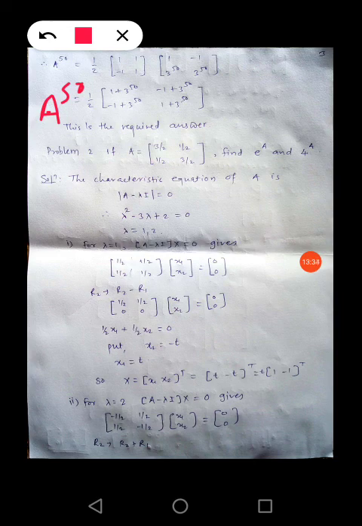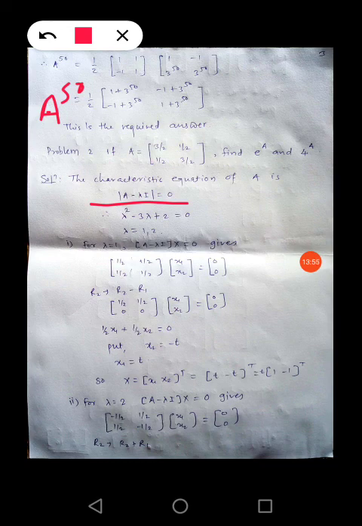The characteristic equation of A is nothing but determinant of A minus lambda I is equal to 0, and this is written as lambda square minus the sum of the diagonal elements, which is 3/2 plus 3/2 is 3.